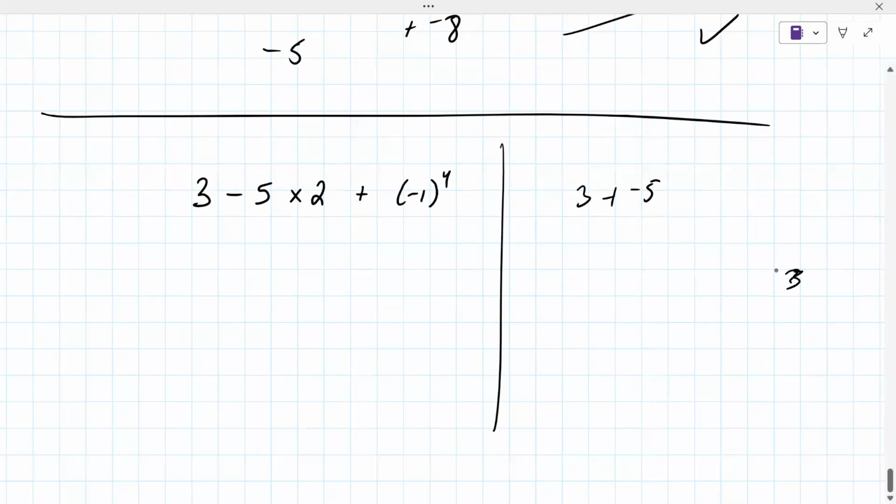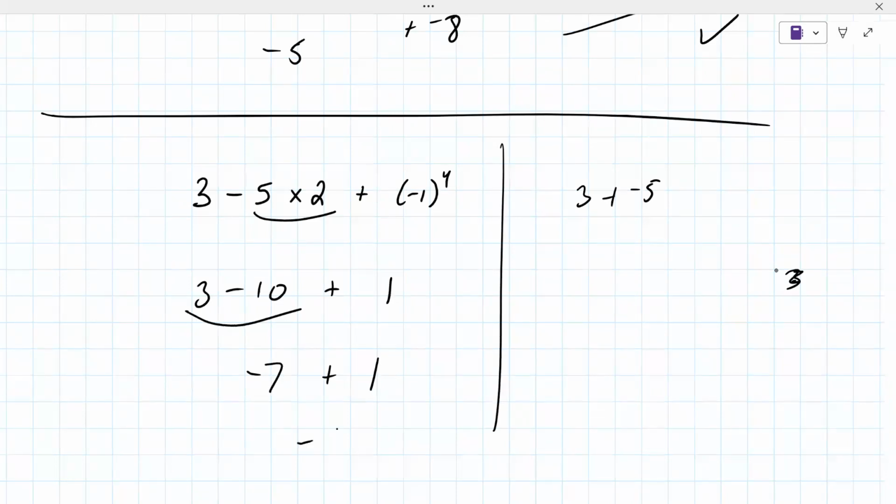Actually 14. Okay. So you first multiply. So it's 3 minus 10 plus 1. You want to change your answer? So wait, 3 minus 10 is, oh yeah, I do. So 3 minus 10 is -7 plus 1 is -6. Good.